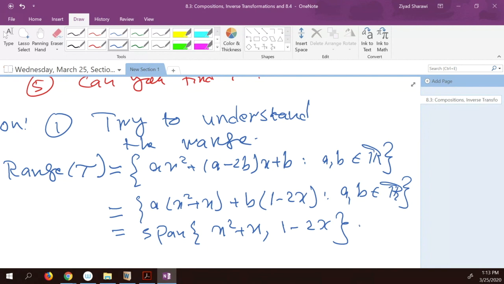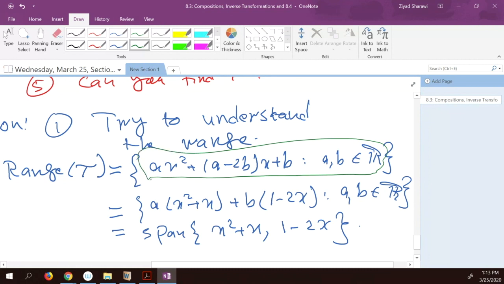Yes, Zaid, we are trying to understand the range here. What is the range of T? This is the range of T. Correct? That is the range of T. Now all you need here, Zaid, is try to understand this range. How do you try to understand it? Well, you see, the range is a subspace.